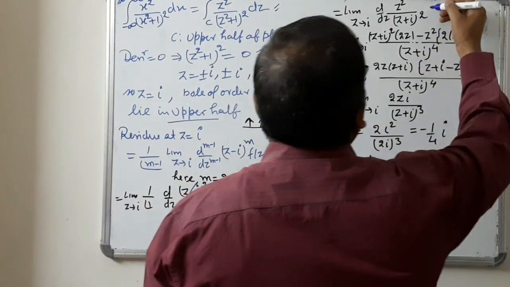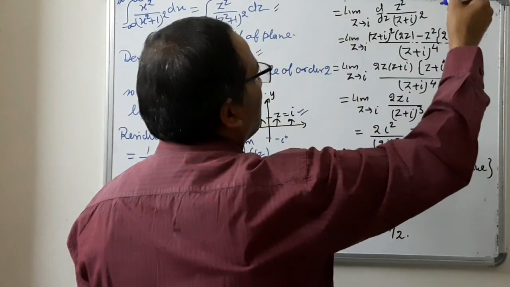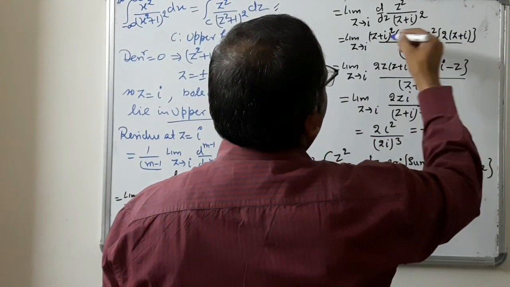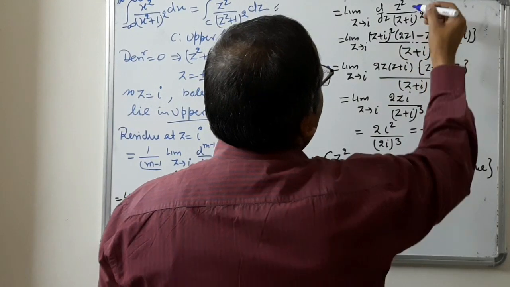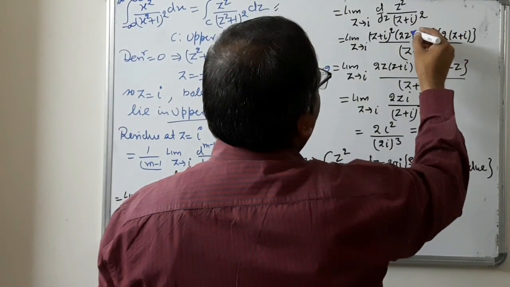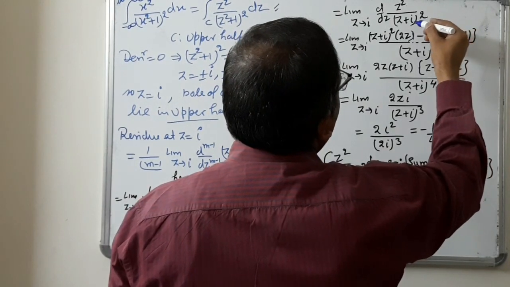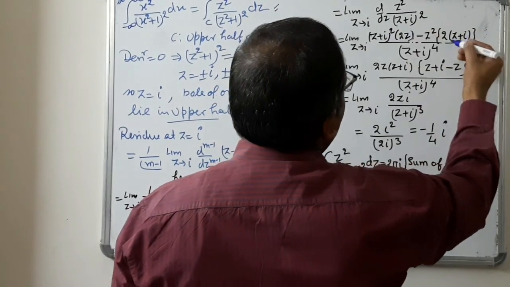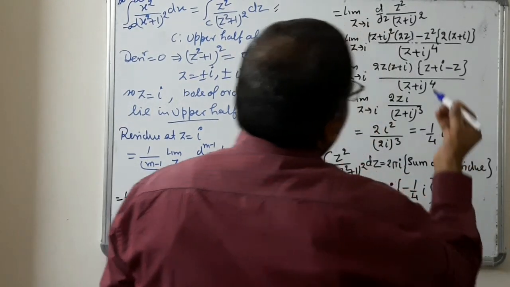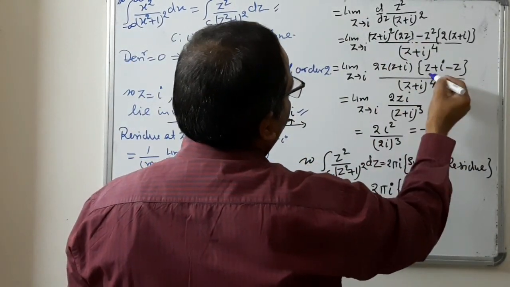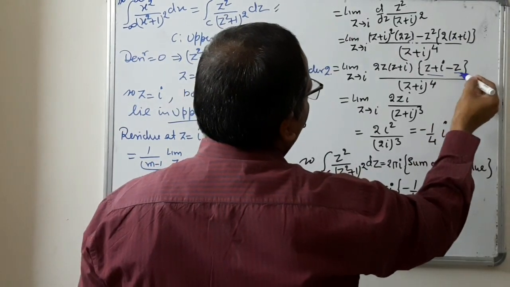So we take the differentiation of this using the quotient rule. The denominator is (z plus i) square, the derivative of z square is 2z, so this is 2z, minus numerator z square, and the derivative of (z plus i) whole square is 2 times (z plus i). Taking 2z (z plus i) as common, we get from the first term z plus i, and from the second term only z.